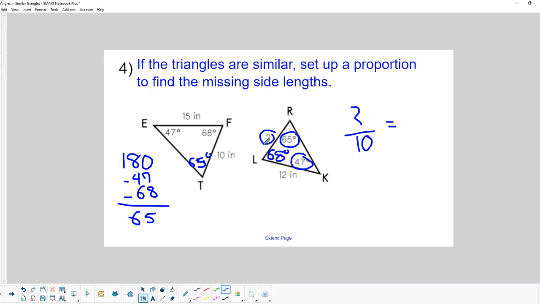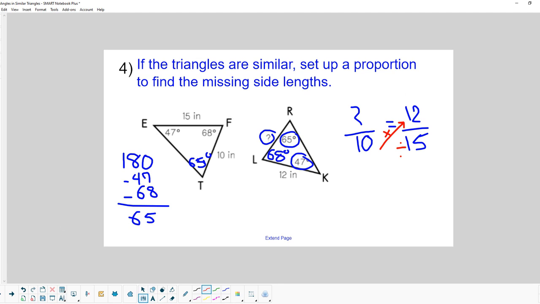And now, since we've got that and that, we're going to set up a proportion between the other two sides we know, which is 12 and 15. So 12 and 15. Now all that's left is to cross multiply and then divide by 15.